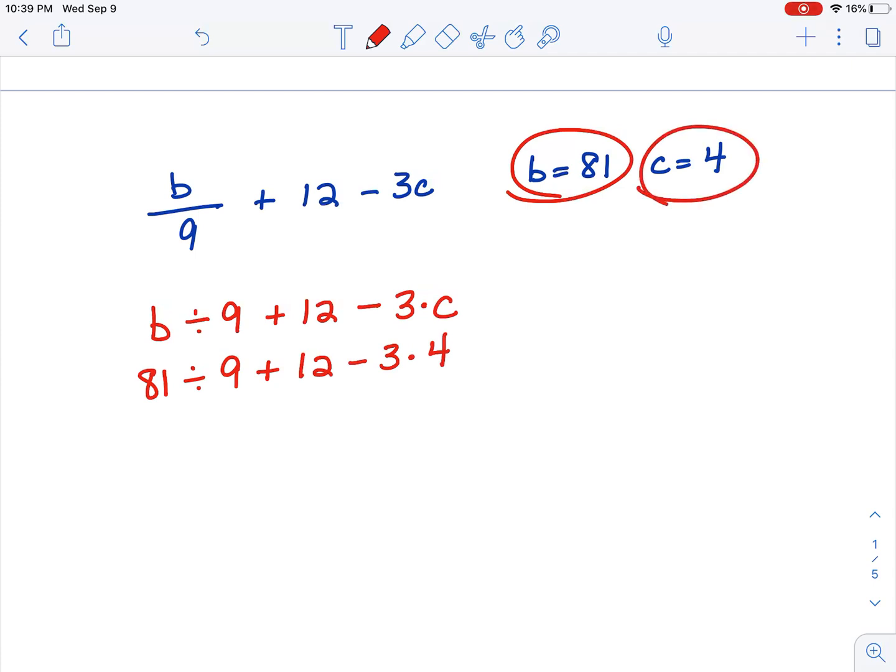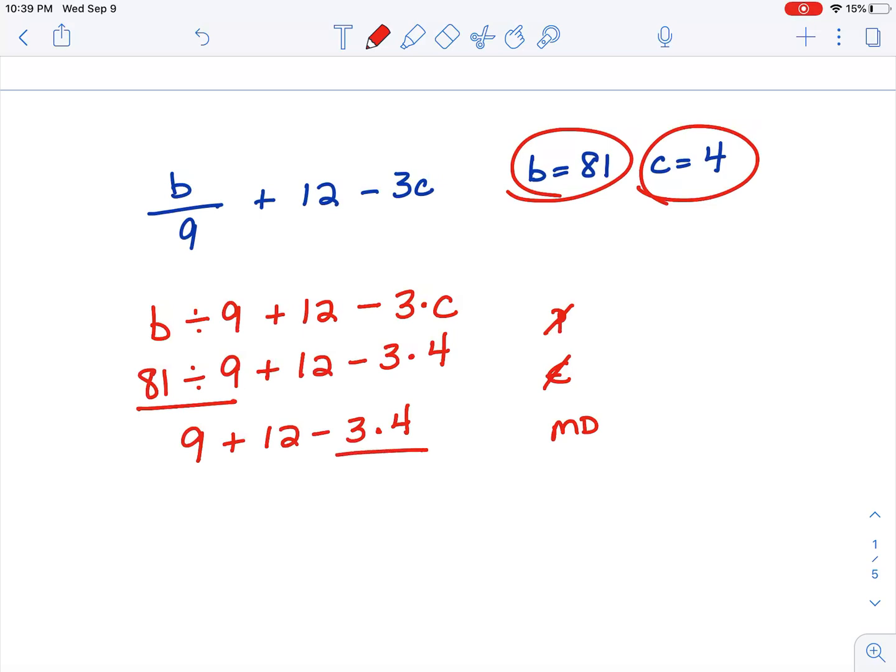And then I would do order of operations. I have no parentheses. I have no exponents, but I do have both multiplication and division, so I would do it from left to right, and then bring down everything else. I still have some multiplication and division.